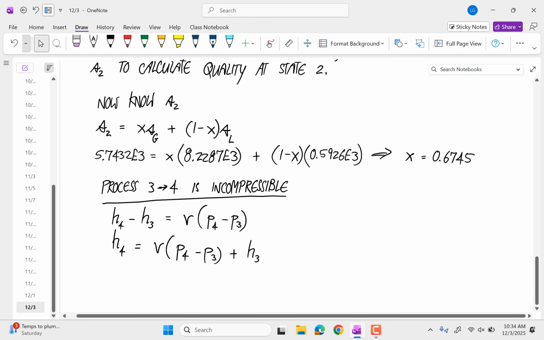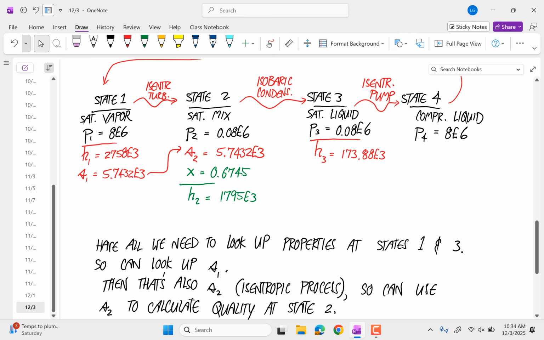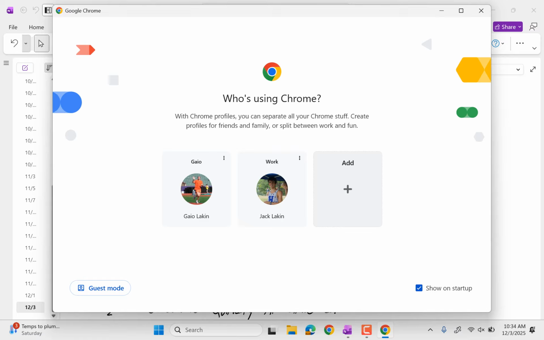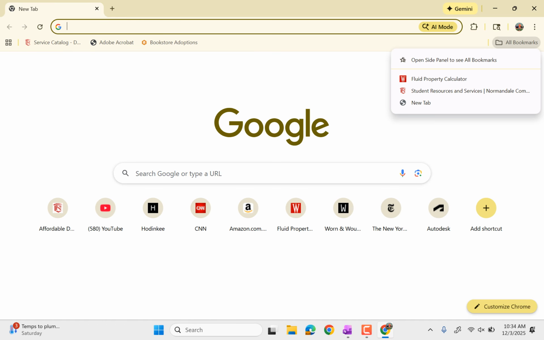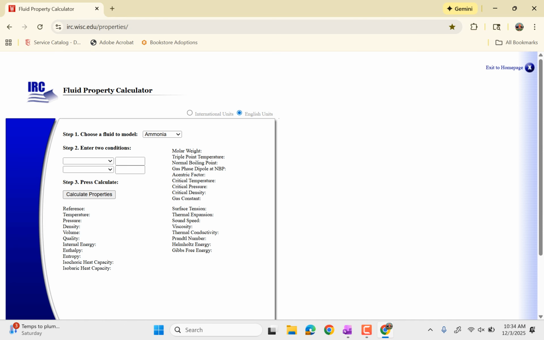Okay, so I'm going to look up for a saturated liquid at this low pressure what the specific volume is. Okay, so this is water. This is liquid water, so the quality is 0.